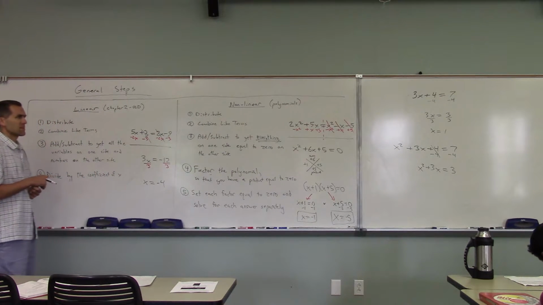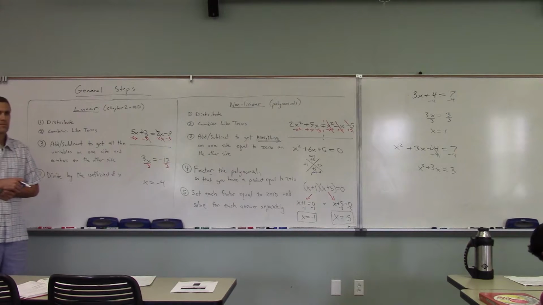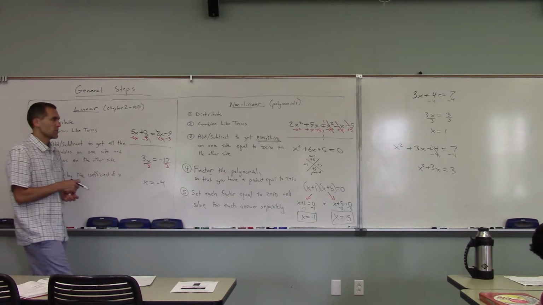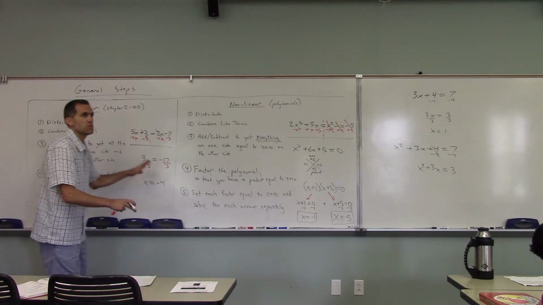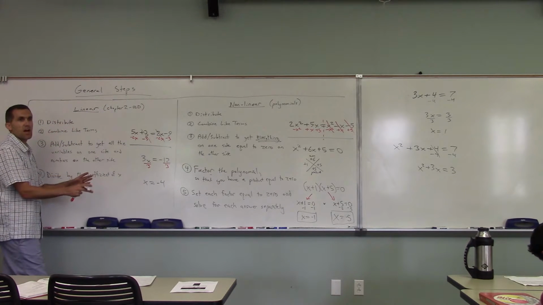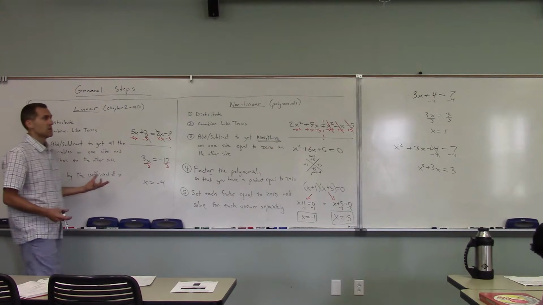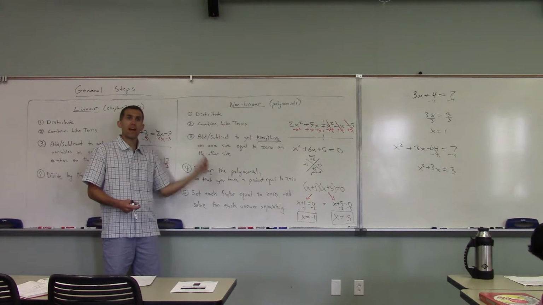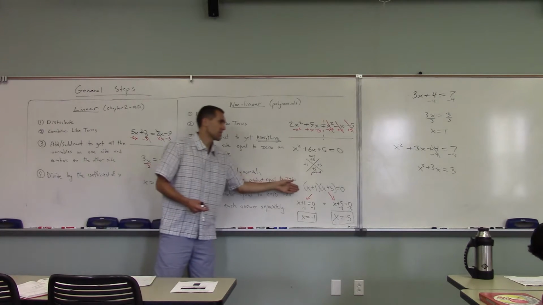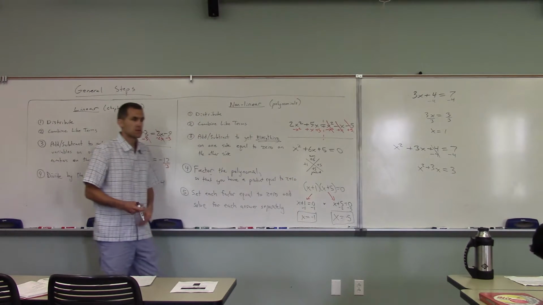Okay. So just to reiterate, the big difference here is instead of moving variables to one side, numbers to the other to get x by itself, you move everything to one side, factor, and then set the factors equal to 0.